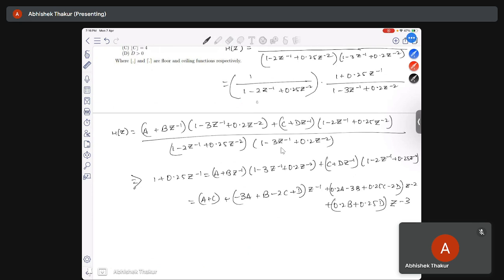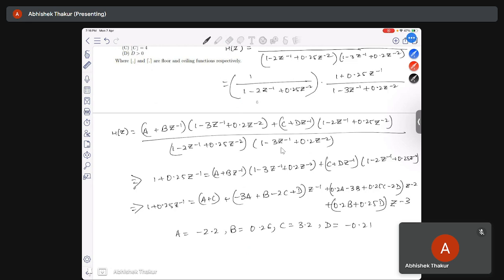So now A plus C will become 1. Okay. So when you solve it, A will be minus 2.2, B will be 0.26. A plus C is 1, so C is equal to 3.2. And D is equal to minus 0.21.